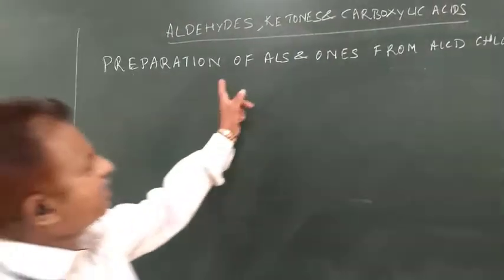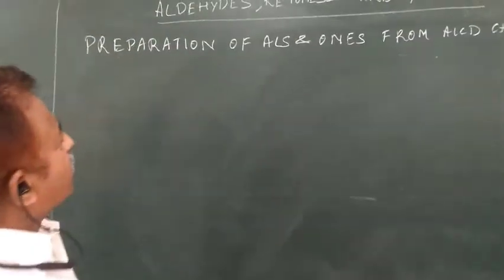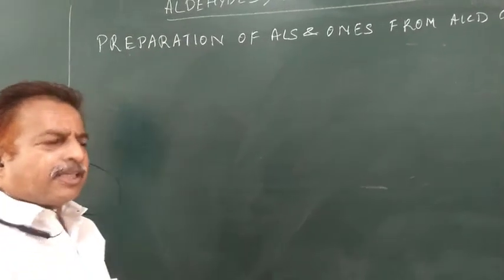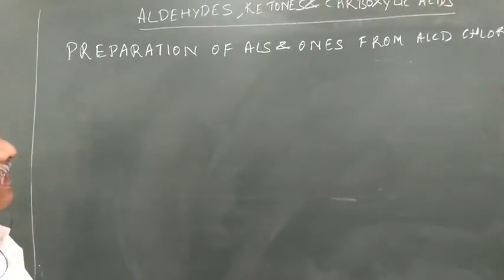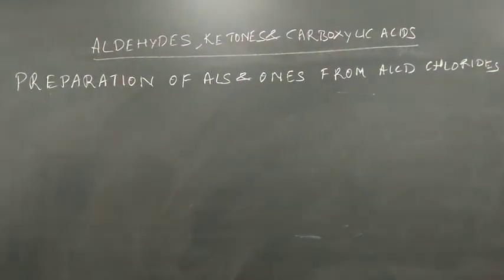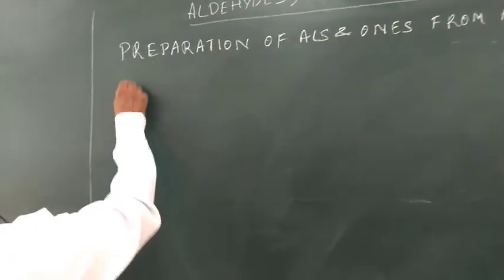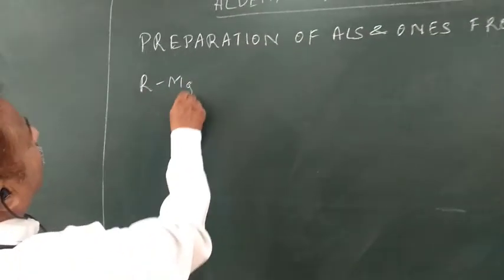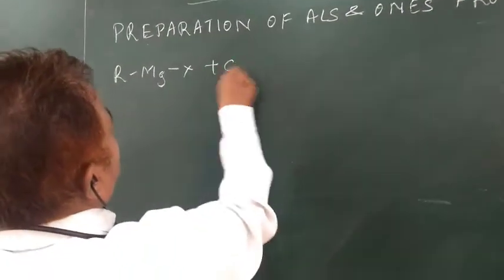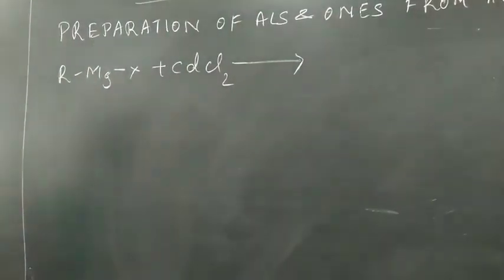Preparation of aldehydes and ketones from acid chlorides. Just now we discussed the preparation of aldehydes from acid chlorides in the name of Rosenmund's reaction. Now let us see the preparation of ketones from acid chlorides. RMgX, this is Grignard reagent, plus CdCl2, cadmium chloride.